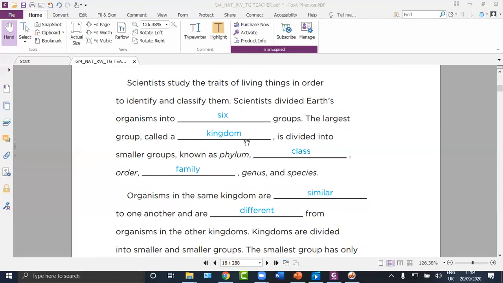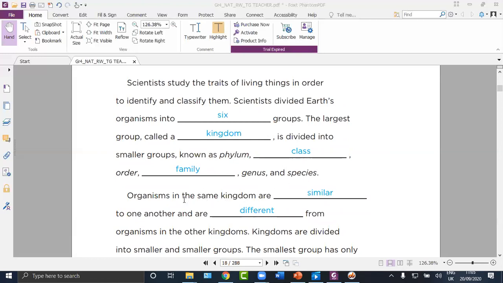Follow me. Scientists divided Earth's organisms into 6 groups. The largest group, called kingdom, is divided into smaller groups: phylum, class, order, family, genus, and species.